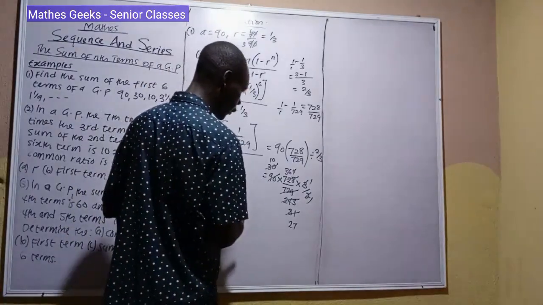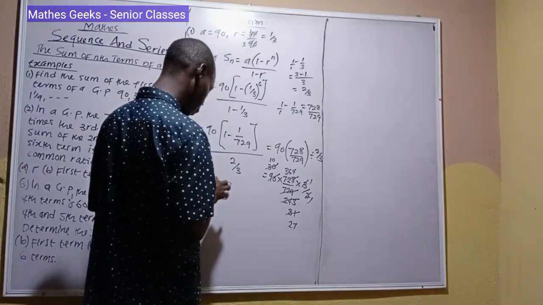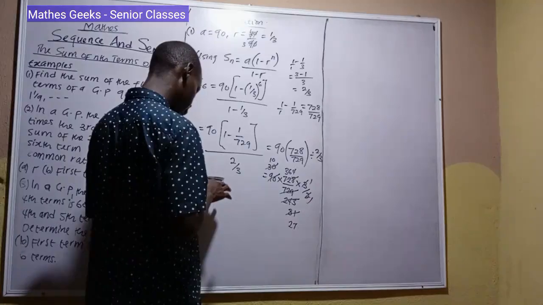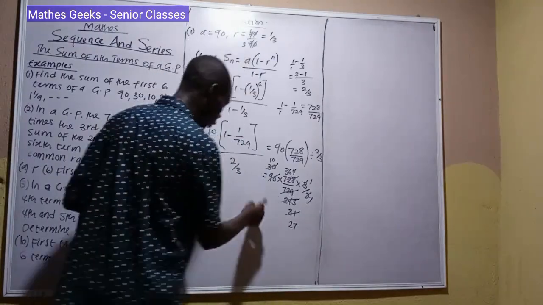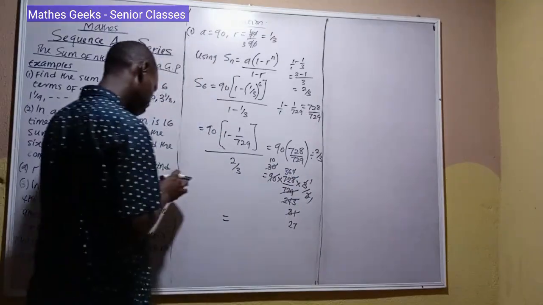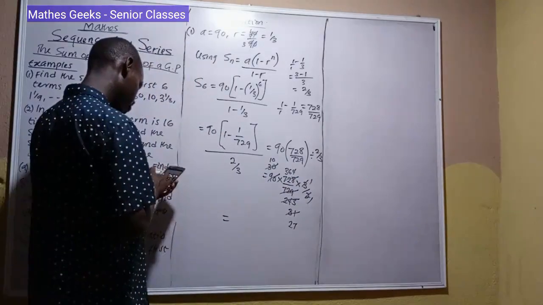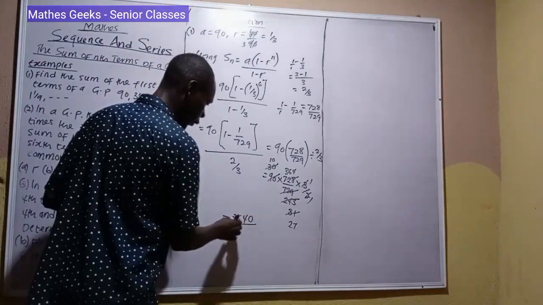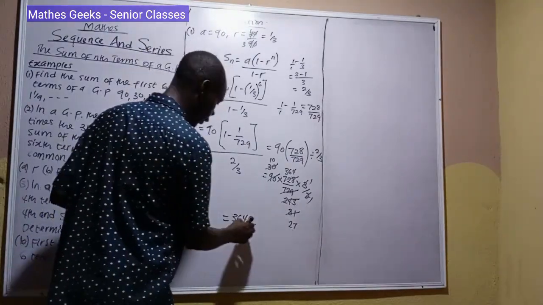So eventually we have 10 times 364, which is 3,640, divided by 27.